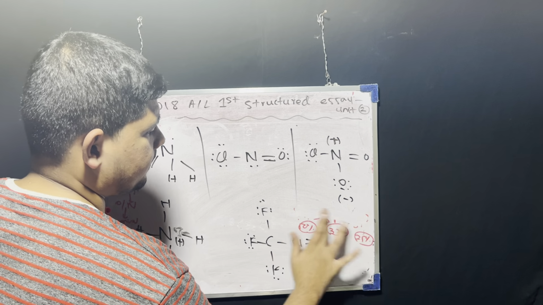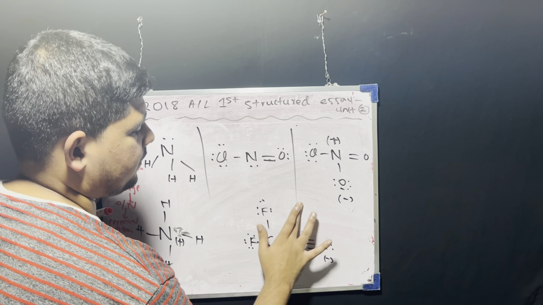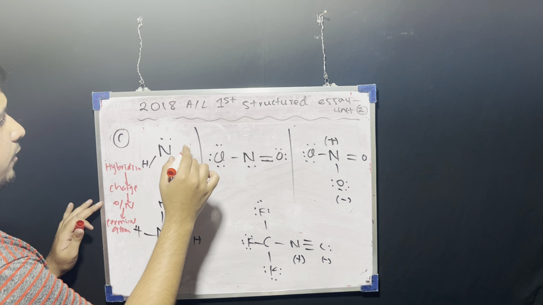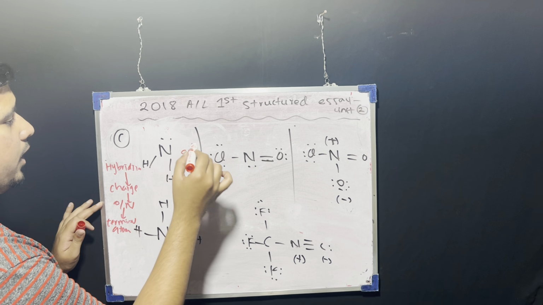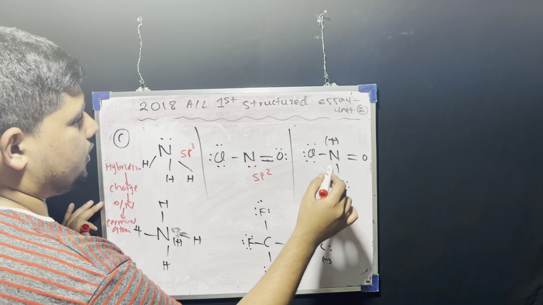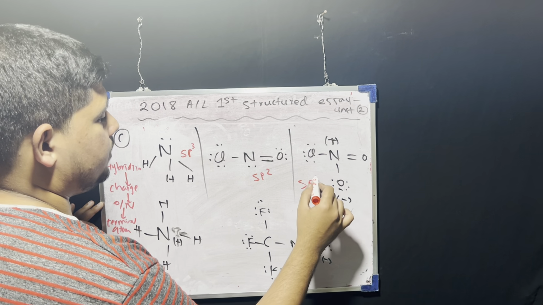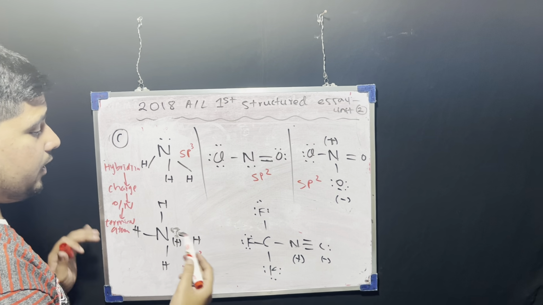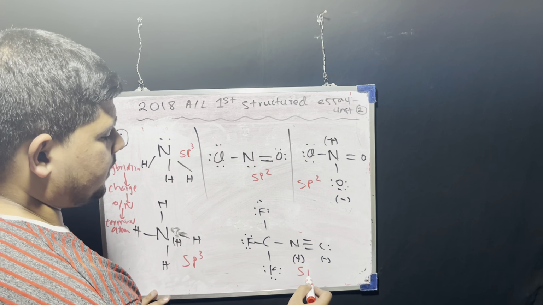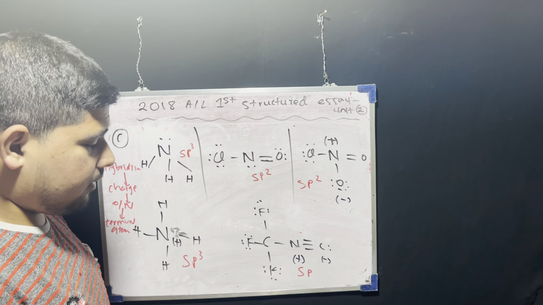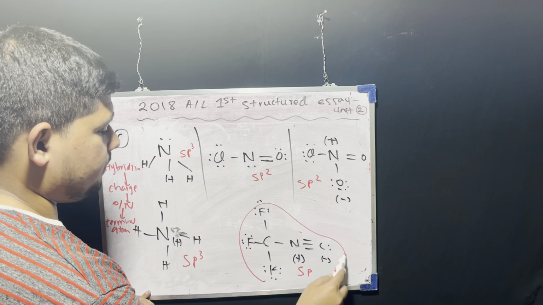Now if we see the hybridization of all these atoms: this one is sp3, this is sp2, this is sp2, this is sp3, and this one is sp. What conclusion can we get?